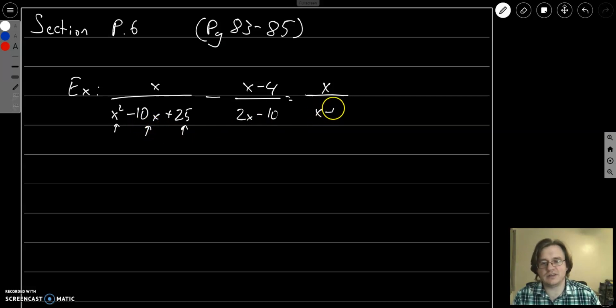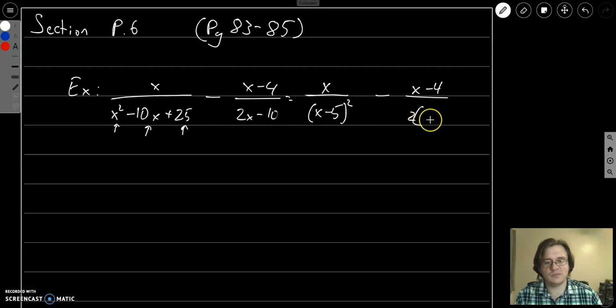So this turns out to be x minus 5 quantity squared. And then we will subtract this other term, and we will factor the bottom. Out of the 2x and the 10, I can pull out a 2, and what I'm left with is 2 times x minus 10, or sorry, x minus 5, and from there I can't simplify this anymore.